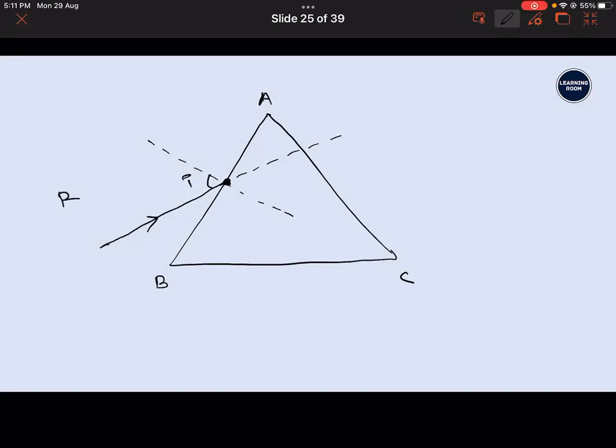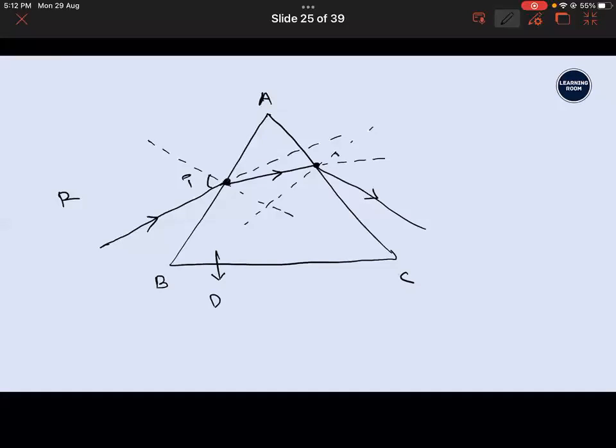But the ray is traveling from rarer to denser medium, so it starts bending towards the normal, between the actual path and the normal. It is incident at the second point. At the second point of incidence, if you draw another normal, the ray travels from denser to rarer, so it starts bending away from the normal.